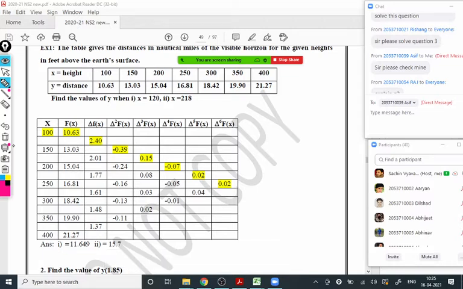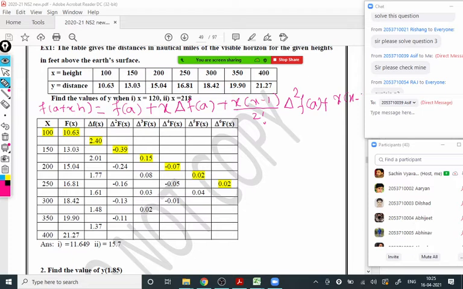Now we start with a formula. What is our formula? Yes, anyone tell me? Forward interpolation formula, f(a + xh). Let me write it here. By Newton's forward interpolation formula, f(a + xh) = f(a) + x Δf(a) + x(x−1)/2! Δ²f(a) + x(x−1)(x−2)/3! Δ³f(a) + and so on.